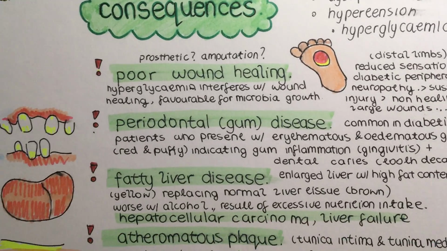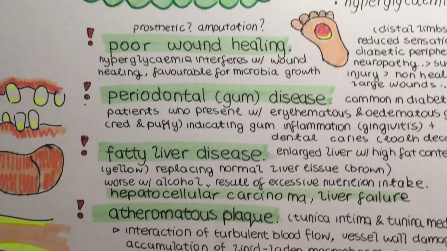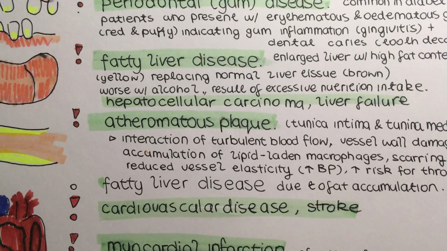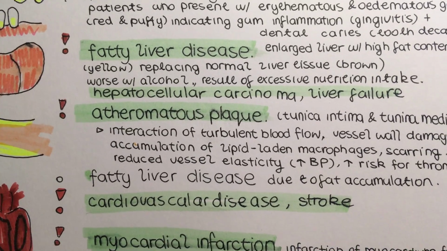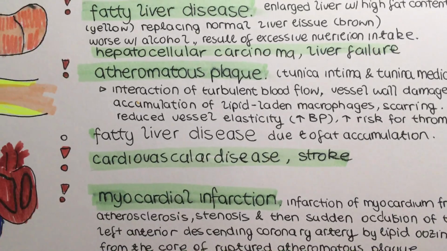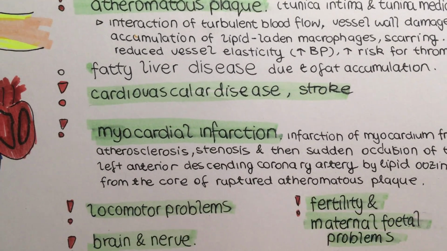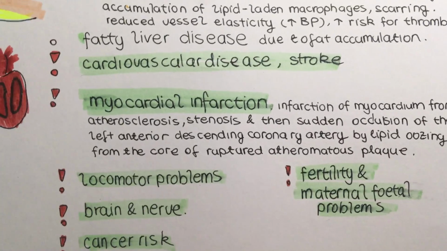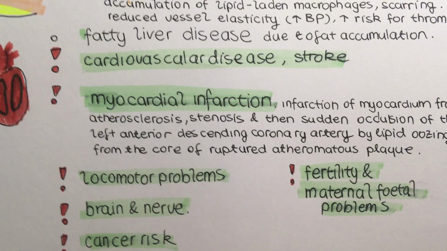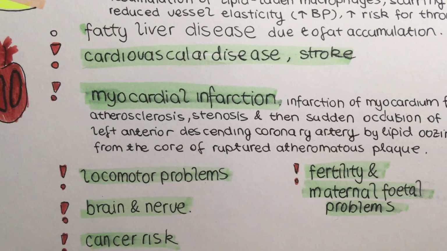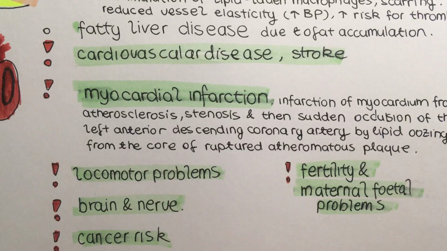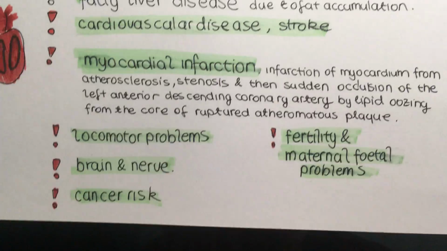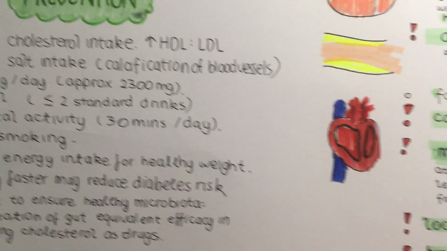Some of these include poor wound healing, periodontal gum disease, fatty liver disease, atheromatous plaque or atherosclerosis, which may then lead to cardiovascular disease and myocardial infarction. Additionally, people with metabolic syndrome may experience symptoms such as locomotor problems, brain and nerve issues, and even have fertility and maternal fetal problems.